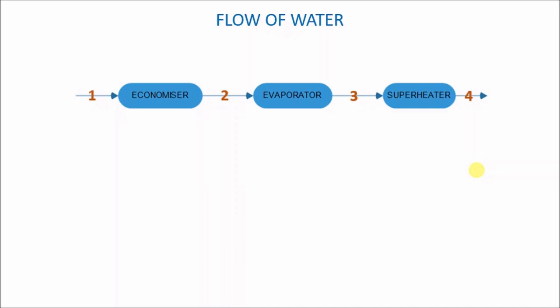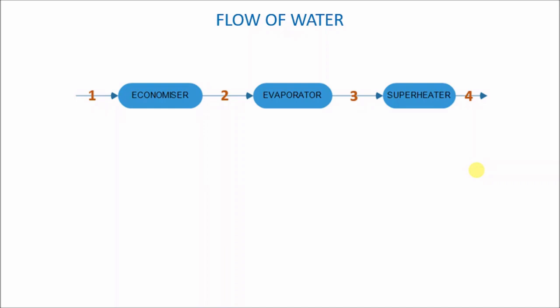The direction of the flow of water is shown by those arrows that you see there. So the water is going from state 1 into the economizer, and out of the economizer you have state number 2, and then into the evaporator, and out of the evaporator you have state number 3, and then into the superheater, and out of the superheater you have state number 4.